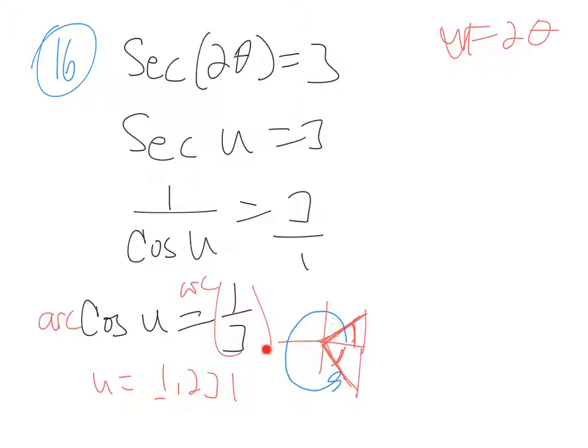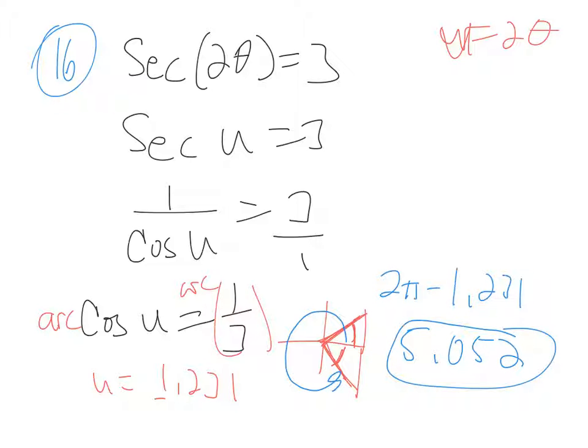So to get that blue angle, I'm just going to take 2 pi and subtract 1.231 from it. If you give me a second here on my calculator, I can do this. I'm getting 5.052. So that's a possible answer. I'm going to have to deal with the 2 theta next.